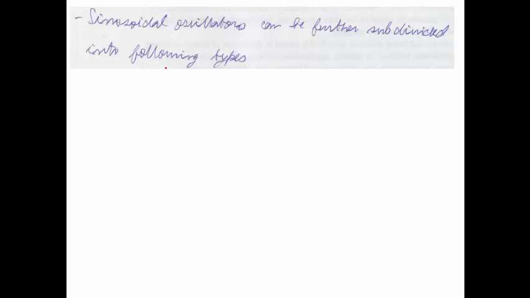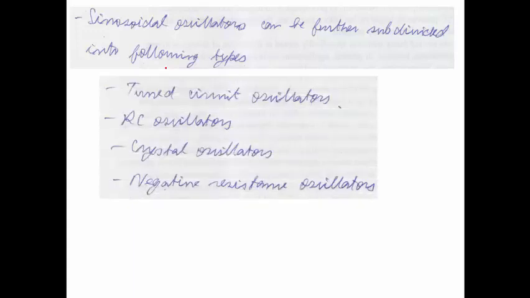Sinusoidal oscillators can be further subdivided into the following types. We do have further subtypes of sinusoidal as well as non-sinusoidal oscillators, however, now let us quickly divide the sinusoidal oscillators. These are the four typical types of sinusoidal oscillators: tuned circuit oscillators, RC oscillators, crystal oscillators, and negative resistance oscillators.